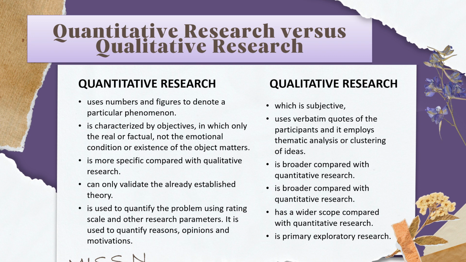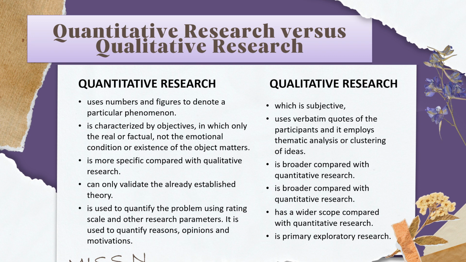It is used to gain understanding of the underlying reasons, opinions, and motivations. It provides insights into the problem or helps to develop ideas or hypotheses for a potential quantitative research. Quantitative research is used to quantify the problem using the rating scale and other research parameters.